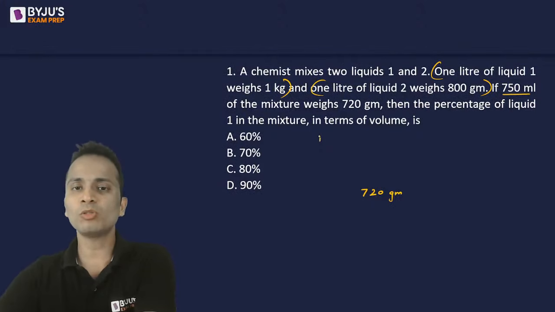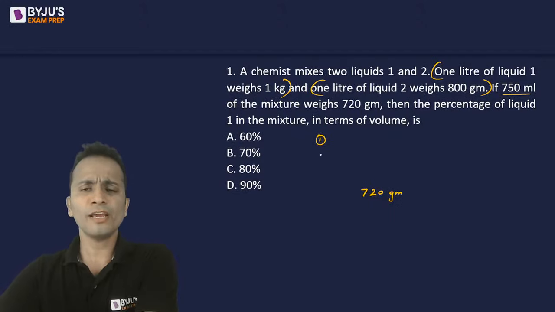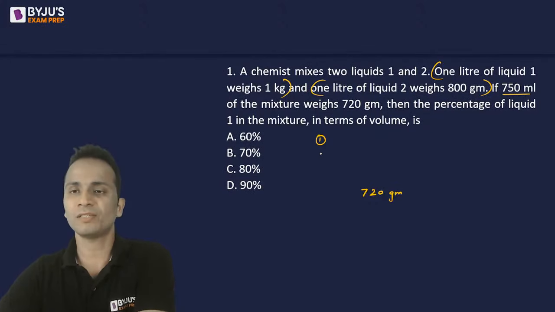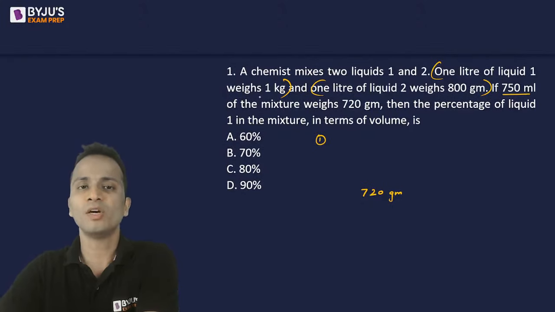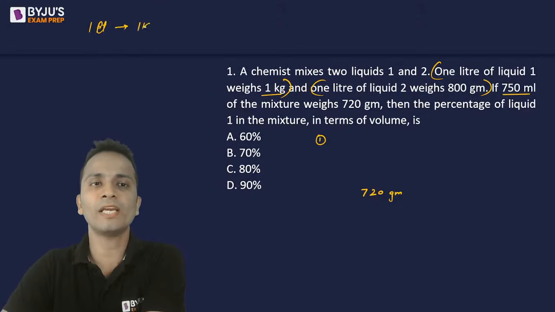Now if I talk about liquid 1, if I would have taken 750 ml of liquid 1, what would have been its weight? Now, 750 ml of liquid 1 will weigh 750 grams because it says that 1 liter of liquid 1 weighs 1 kg.